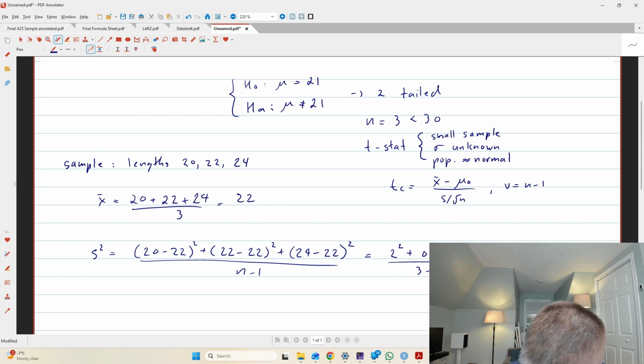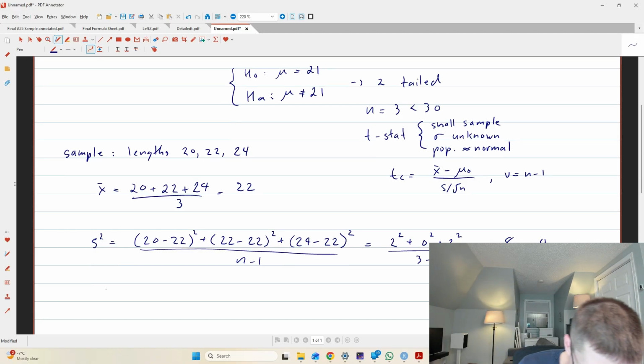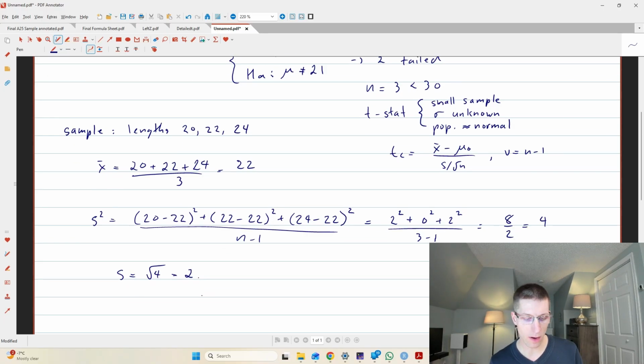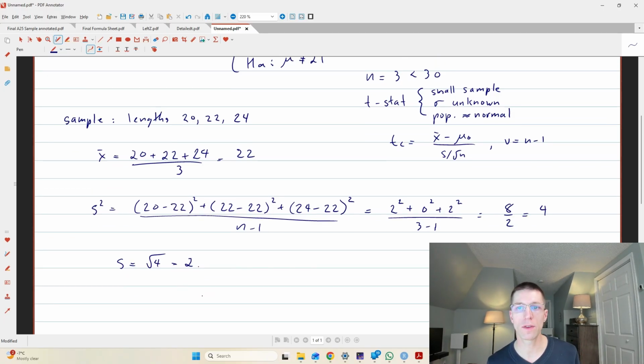That's 8 over 2, sorry, which is 4. Therefore s, the standard deviation, is the square root of 4, which is 2. So we calculated our descriptive statistics, and that means we are able to use the formula now.